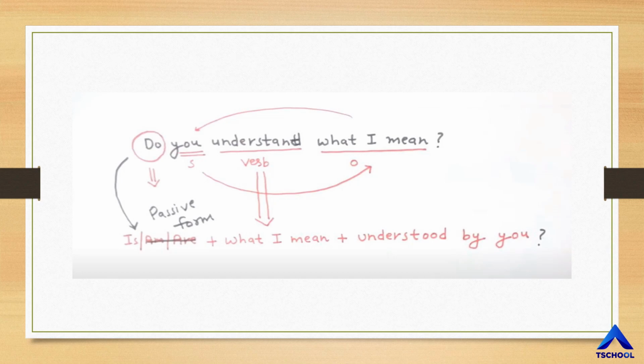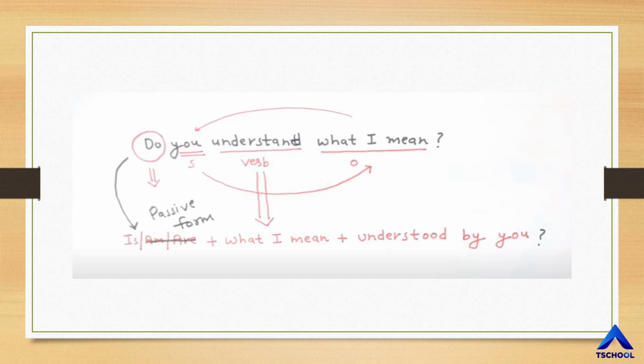So the answer would be either is, am or are plus what I mean understood by you. So here the answer is what I mean understood by you, because the subject is singular.